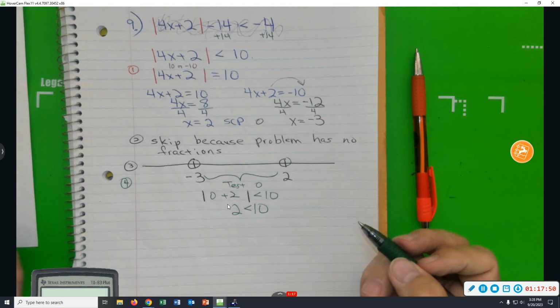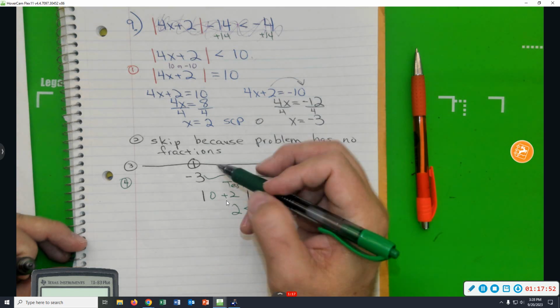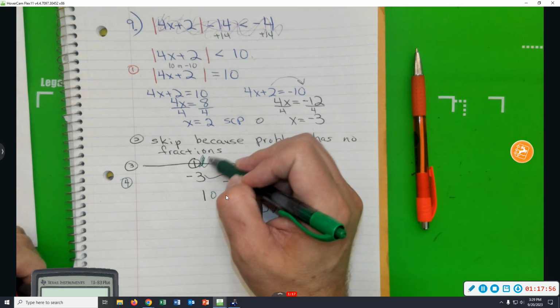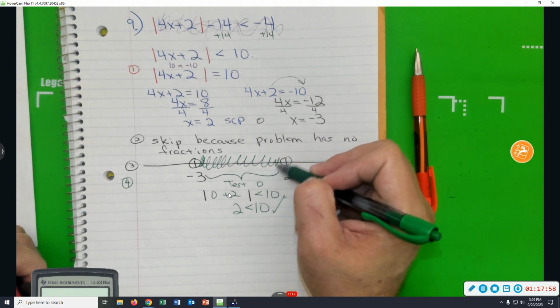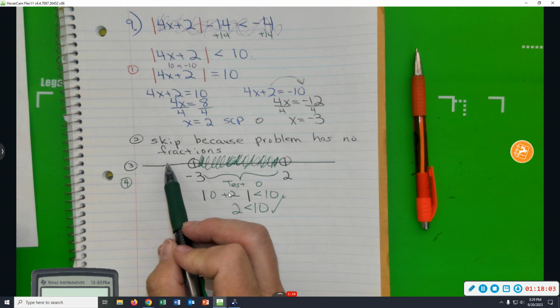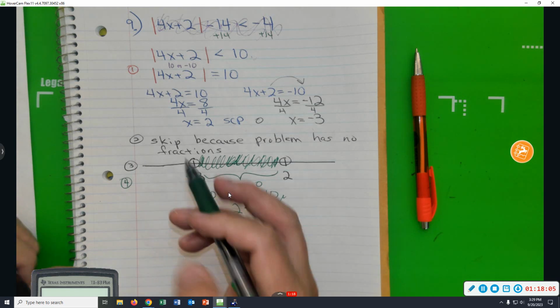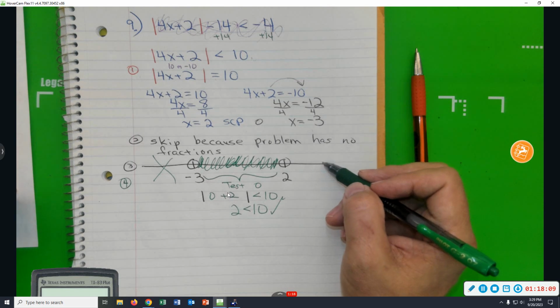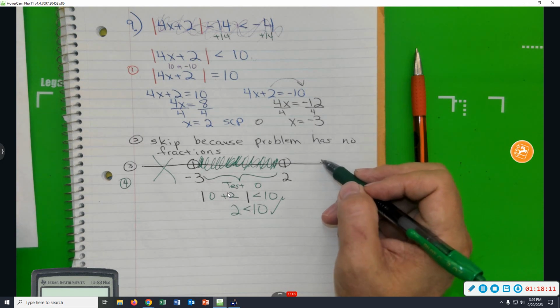True or false? True. So shade or cross out? Shade. If we had tested negative 4 or negative 5, shade or cross out? Cross out. If we had tested 3 or 10, shade or cross out?